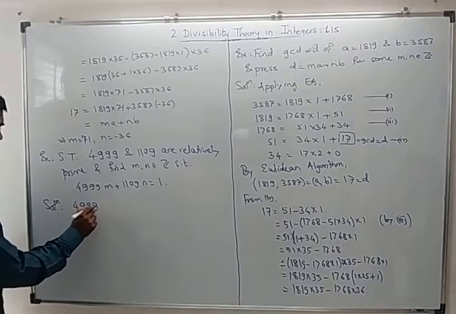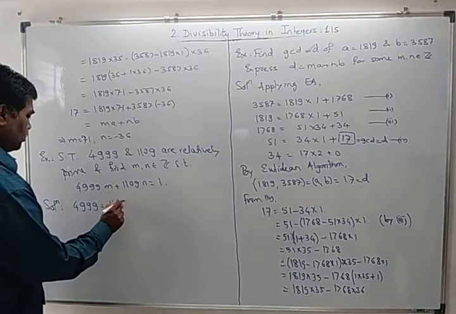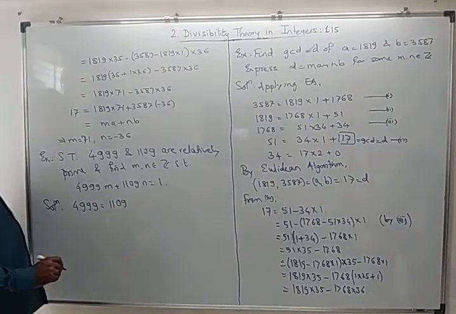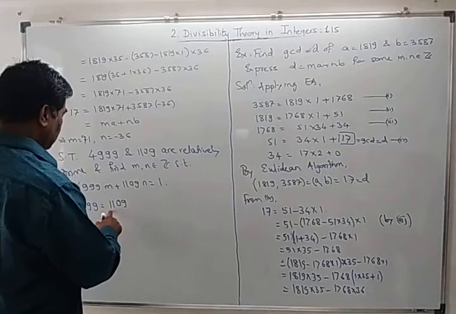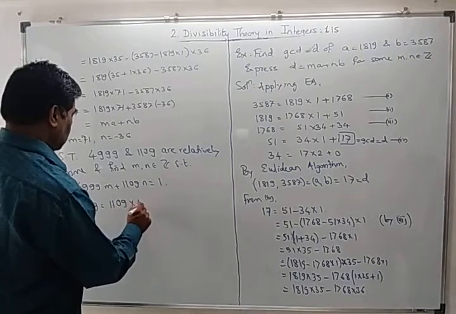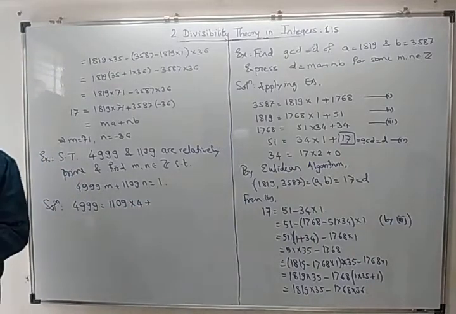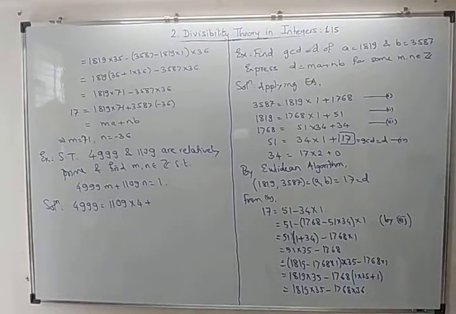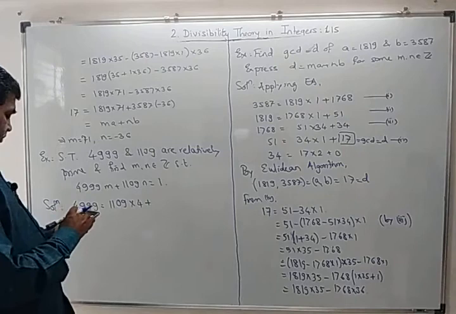4999 is equal to 1109. If I multiply it by 5, we will get 5500. If I multiply it by 4, plus, okay, we will get it to be 4436.